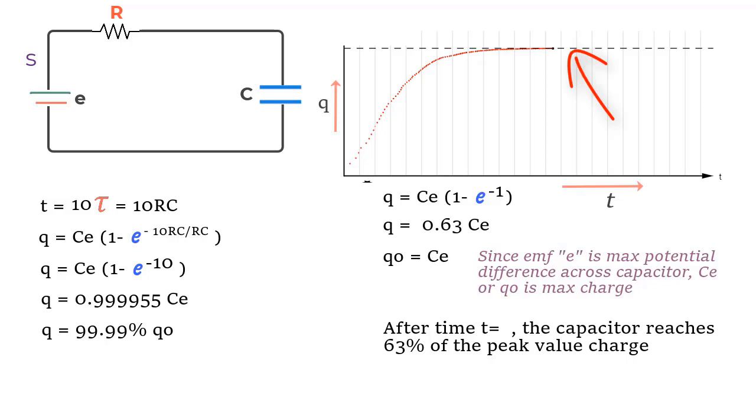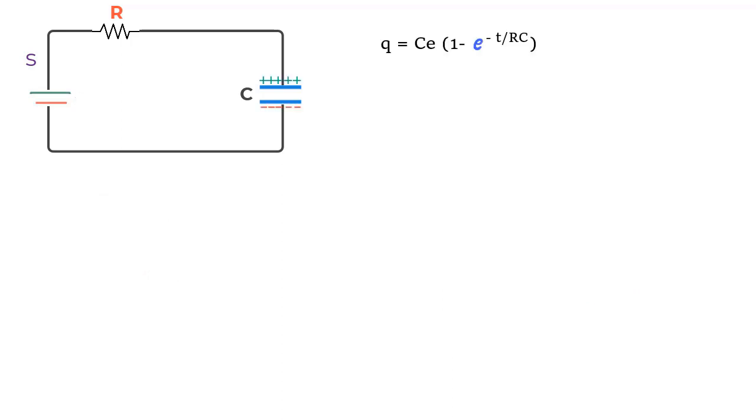Now let us say the capacitor is fully charged to potential equal to EMF, and then at time t equal to 0 we activate a circuit like this with no battery in the circuit. In that case, you can see that the capacitor will get discharged over a period of time because the positive charge from this plate will move to the other plate, and with time they both will come to the same potential and the flow of charge will cease then.